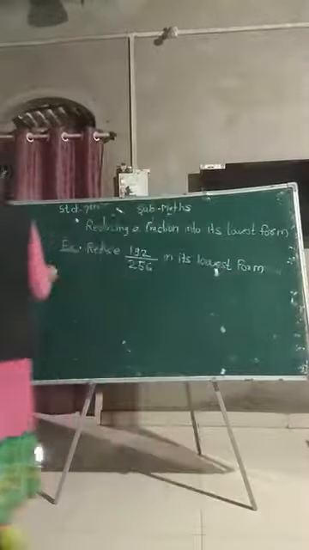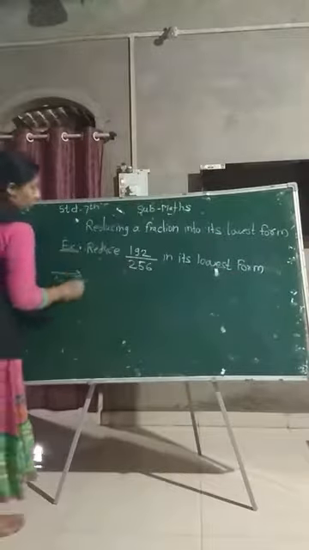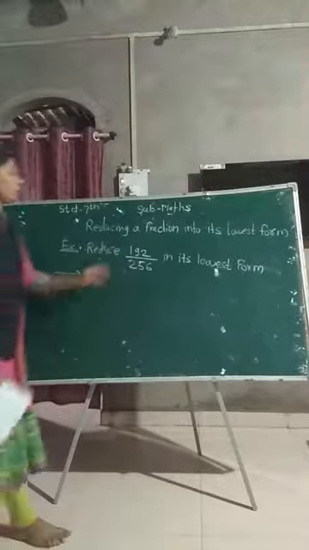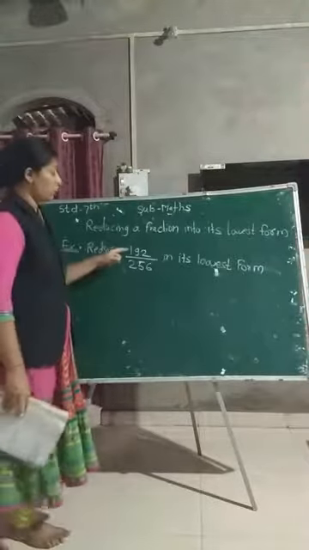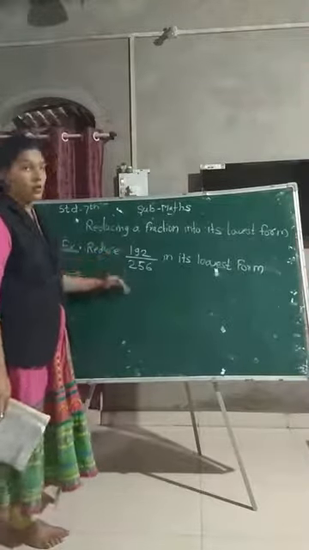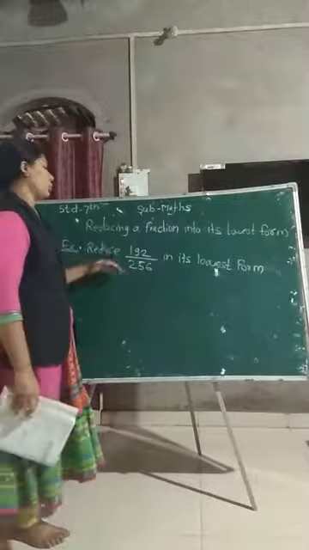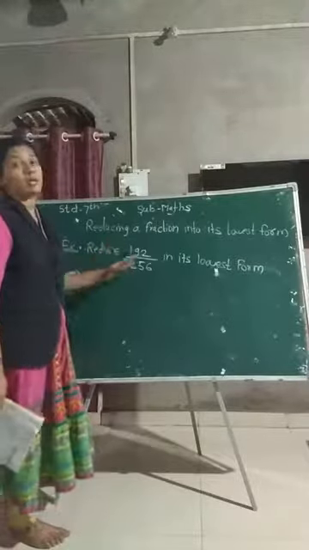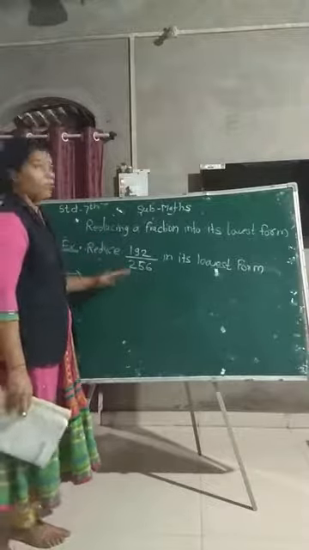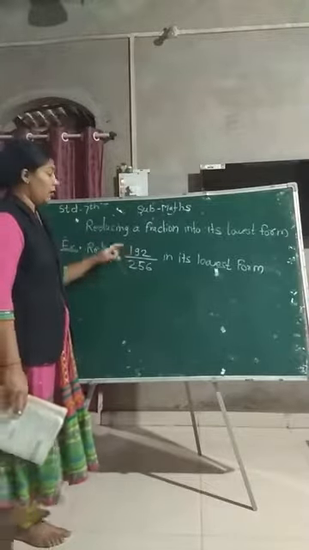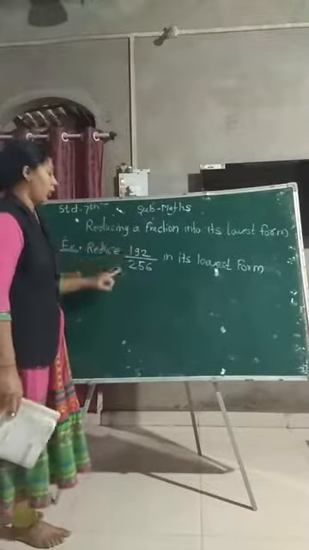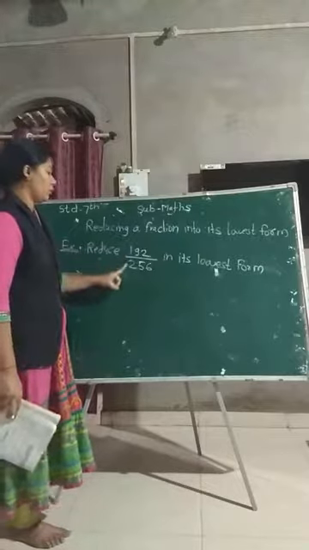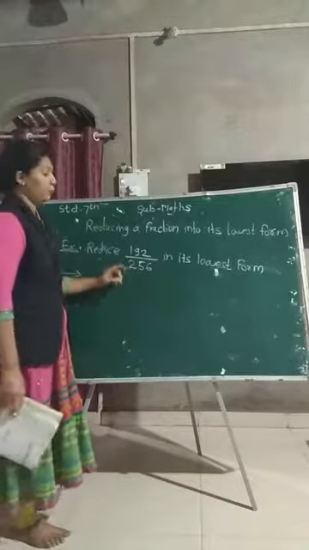In solution we write here in numerator is 192 and in denominator 256. To convert in lowest form, firstly find their HCF. And how to find HCF? Take the factors of 192 and the factors of 256.